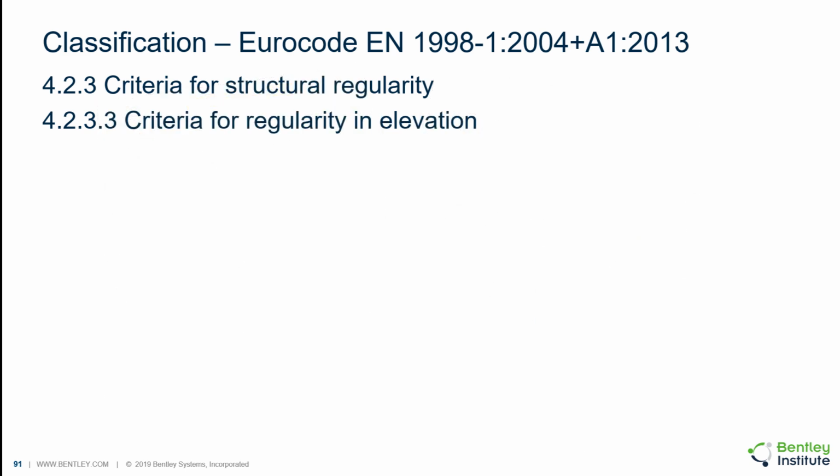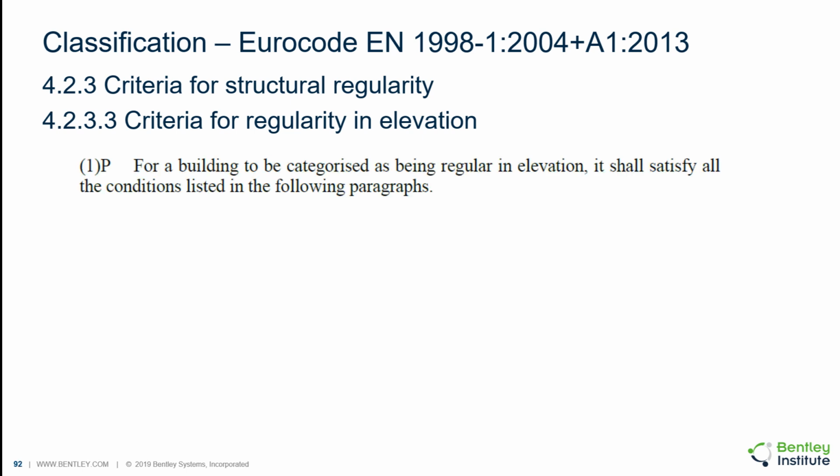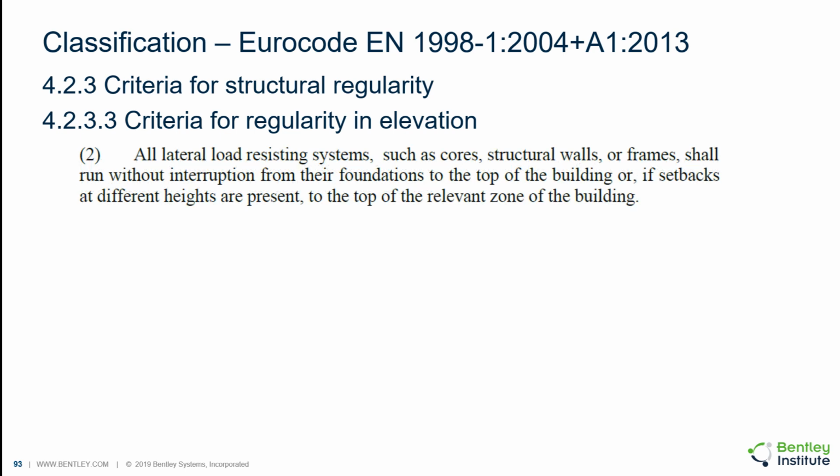Section 4.2.3.3 lists the definitions for regularity in elevation. Again, the Eurocode defines all of the conditions that a structure must satisfy in order to be considered regular, rather than listing any conditions that would make it irregular. Item 2 requires that frames and walls are continuous. This is analogous to ASCE 7 in-plane discontinuity criteria.